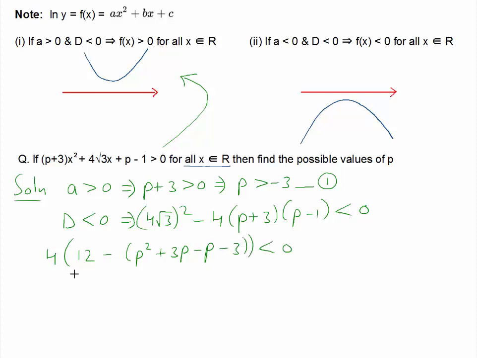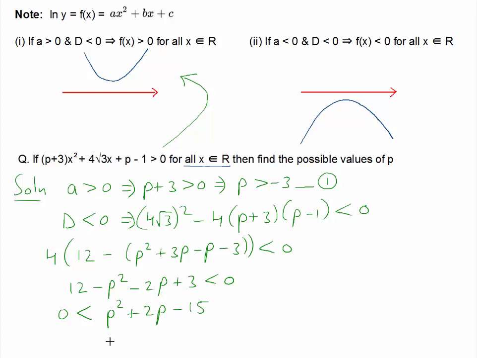So 4 we can cross multiply, and we'll be left with 12 minus p square, minus 2p, and then plus 3 is less than 0. We'll bring all these to the right side, so we get 0 is less than p square plus 2p minus 15.